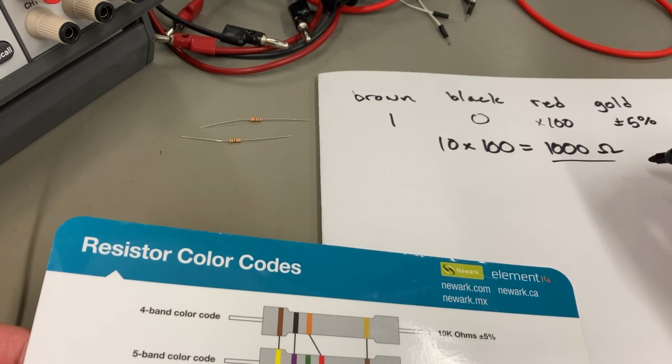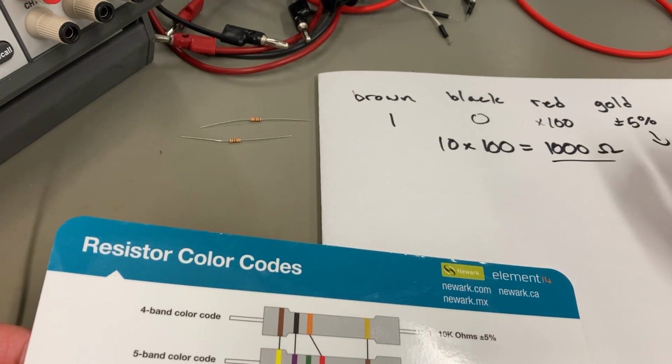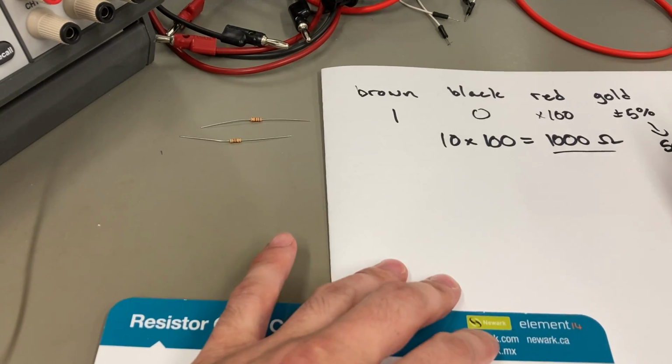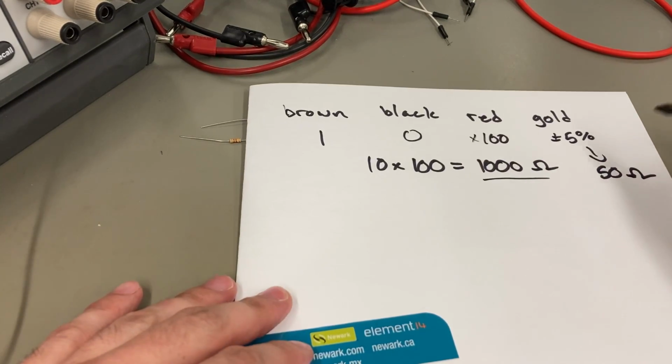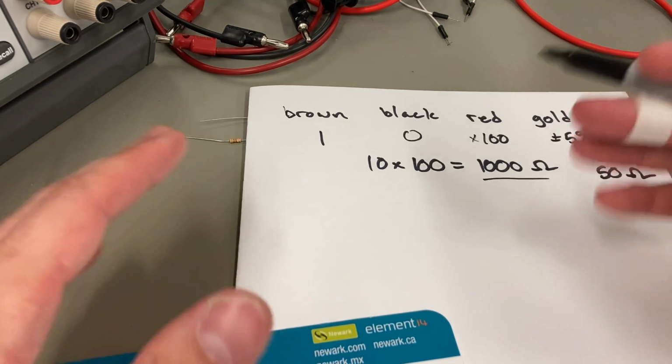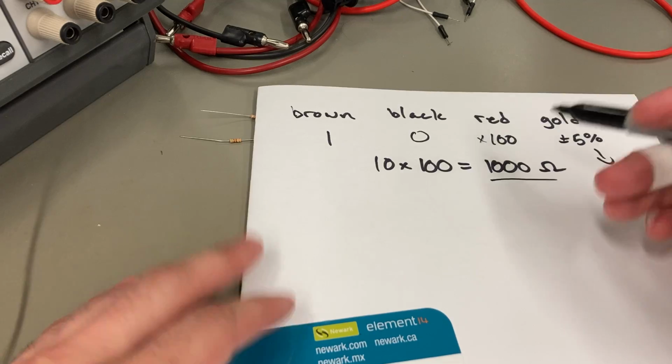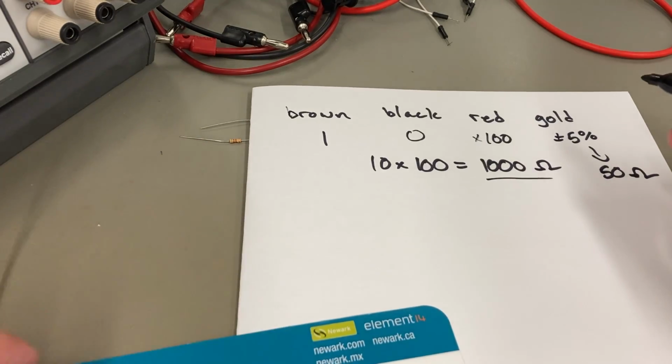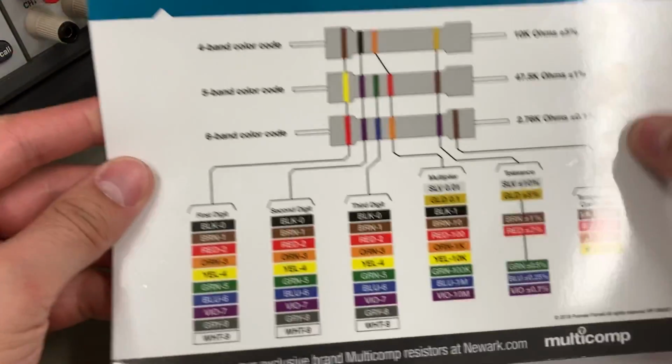Plus or minus 5%, in this case, equals 50 ohms. So you can expect that if you were to make a measurement on this resistor, it will vary by as much as 50 ohms.